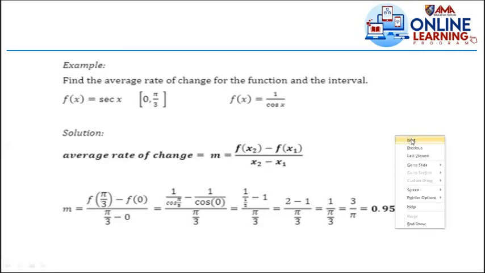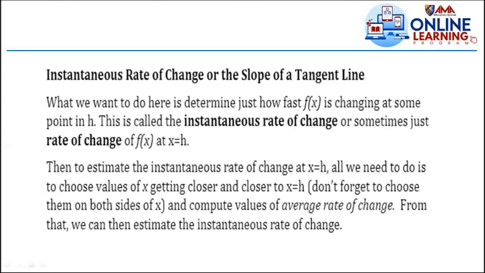Next, we have the instantaneous rate of change, or the slope of the tangent line. So what is the difference between the slope of the tangent line and a secant line? What we want to do here is determine just how fast f of x is changing at some point x.